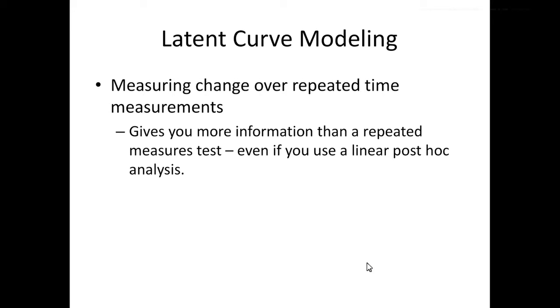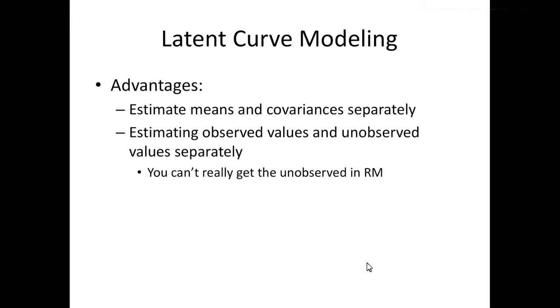They also can be way more complex, but not so much if you have multiple variables that you're interested in. You can do 2 sets of slopes, but the interactions between those get really complicated. So it is a means and covariances model, just like a multi-group model. So we're going to estimate means and covariances and not just covariances.